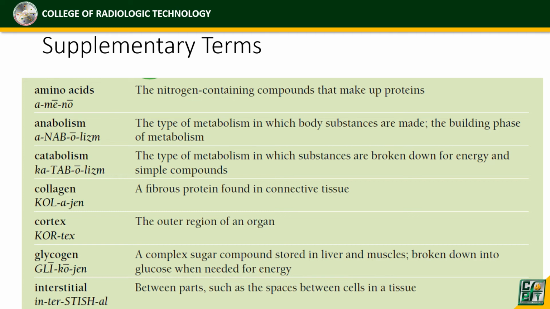When glycogen is broken down, it becomes glucose, and glucose is the primary source of energy in the body. Next is interstitial, between parts, such as the space between cells and tissues.